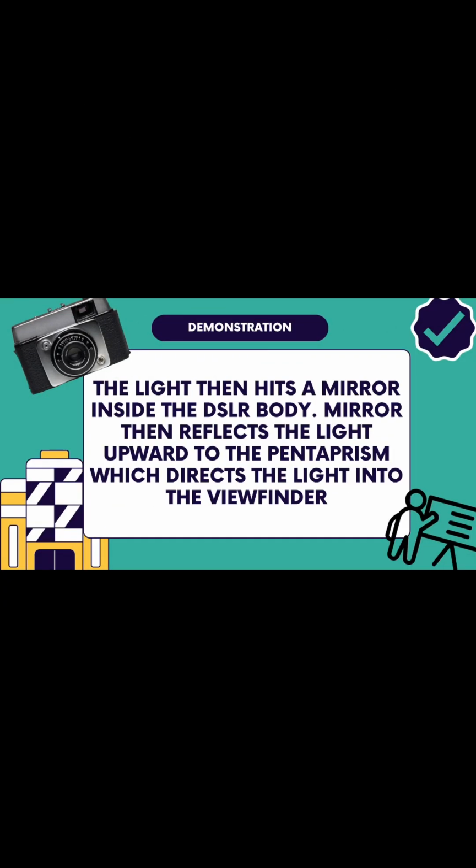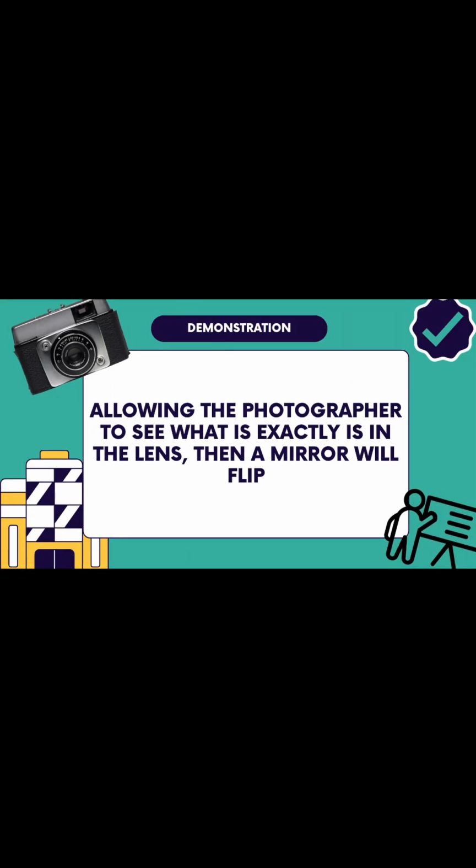The light then hits a mirror inside the DSLR body. The mirror then reflects the light upward to the pentaprism, which directs the light into the viewfinder, allowing the photographer to see exactly what is in the lens. Then, the mirror will flip.